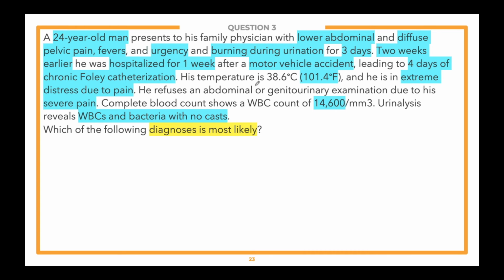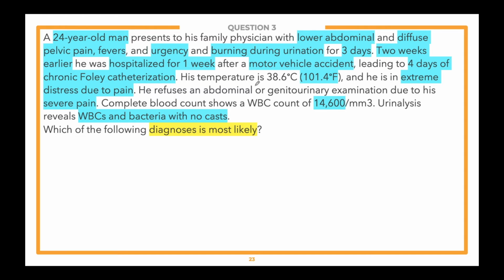Thank you, Sean. So once again, we're going to show you what we think are the important clues in this vignette and the lead-in. So now we've got a 24-year-old man, and he's coming in because of a few signs and symptoms. Lower abdominal pain, diffuse pelvic pain, fevers, urgency, and burning during urination.